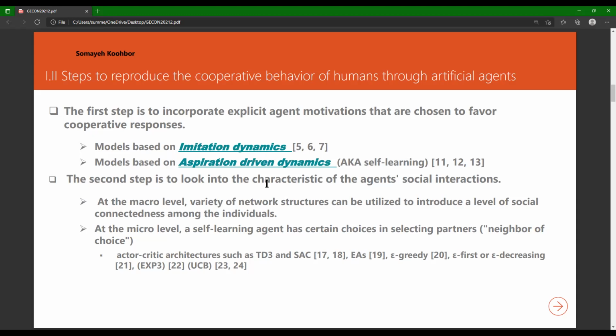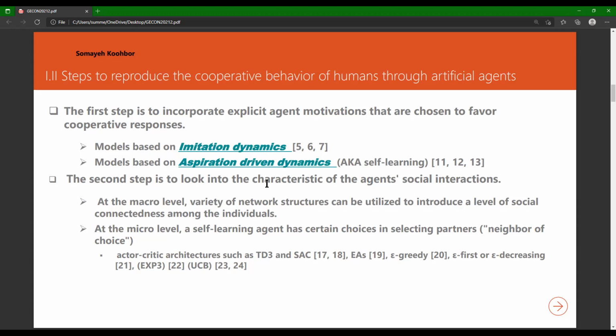But for aspiration-driven dynamics, we focus more on the individual level, and we say people have some expectations, and whenever their expectations are fulfilled, they cooperate. If they are not happy with the outcome of the collaboration, this will negatively impact their experience, and the propensity of cooperation will go down.